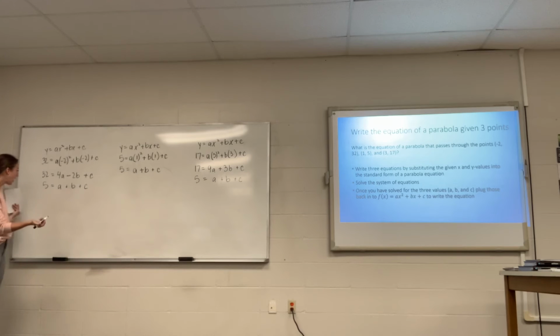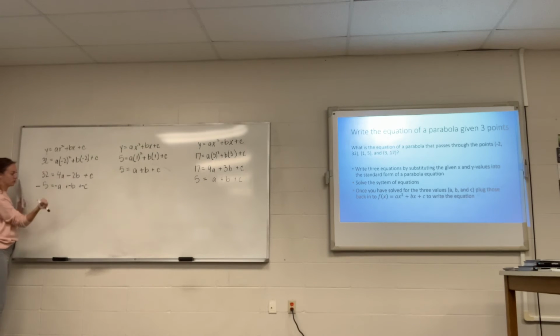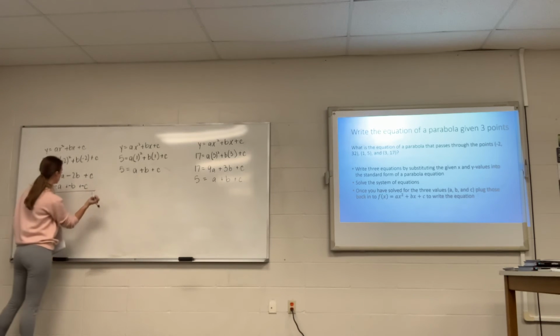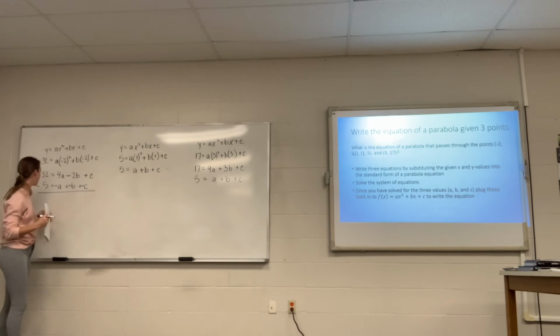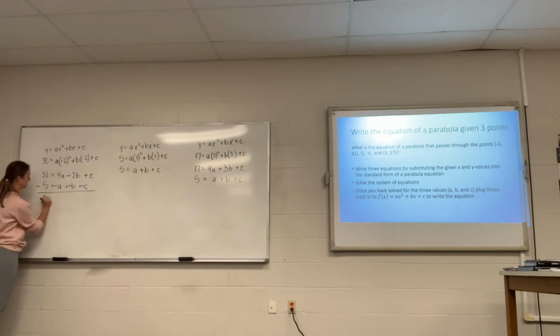So if I do that, I can go ahead and just change all of my signs. So I'd have -5 equals -a, -b, and -c. So then when I add these together, I have 32 minus 5, which is going to give me 27.